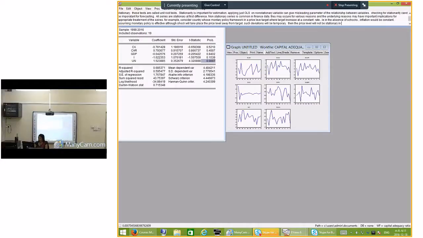In this case, we will be able to extract a stationary series by detrending it. There is a trend, so we need to detrend it.